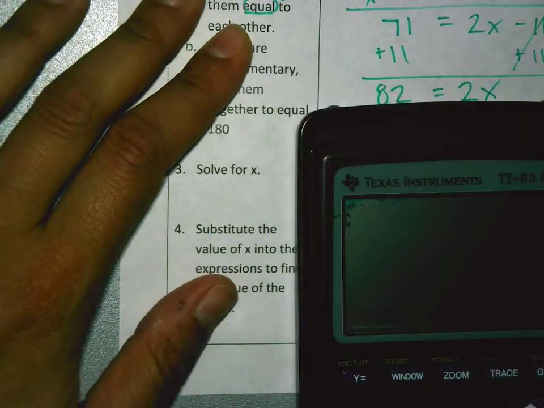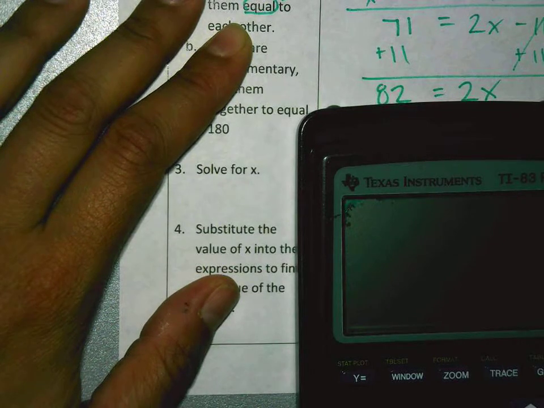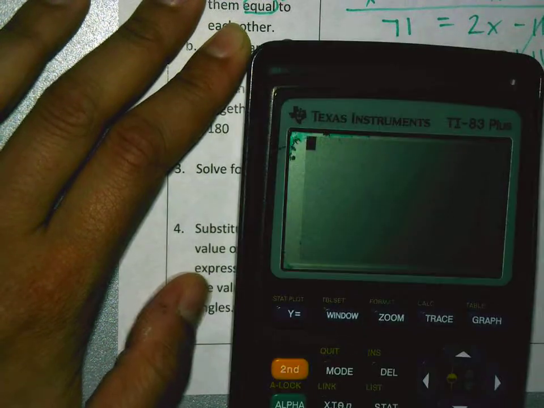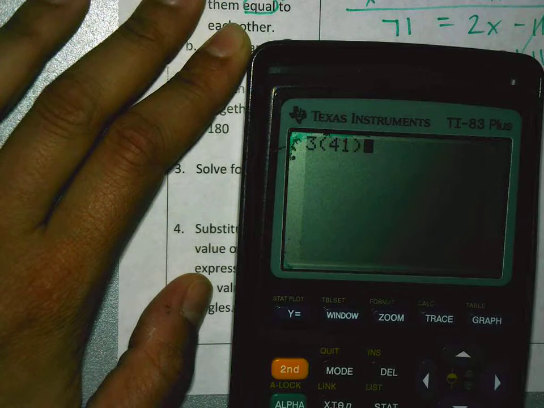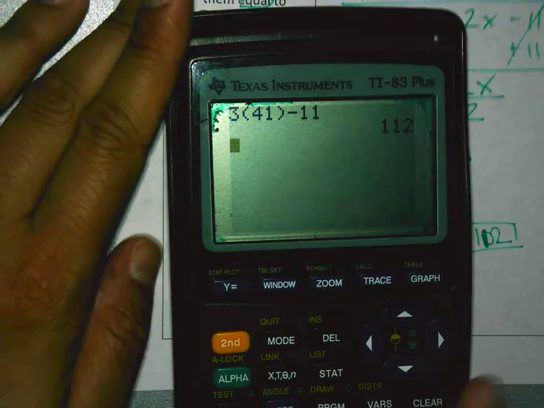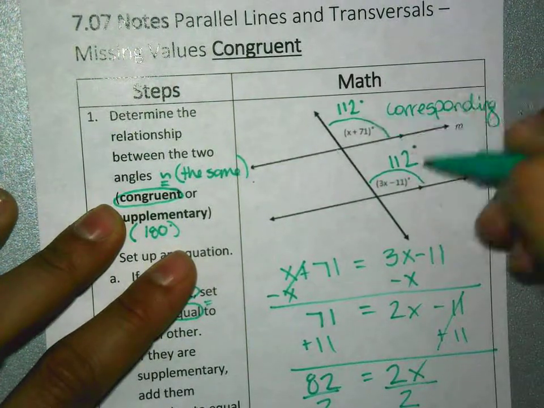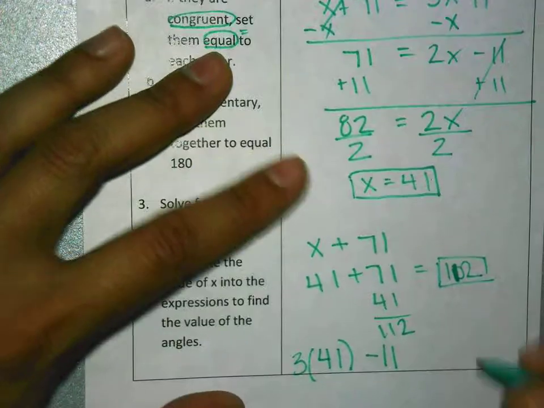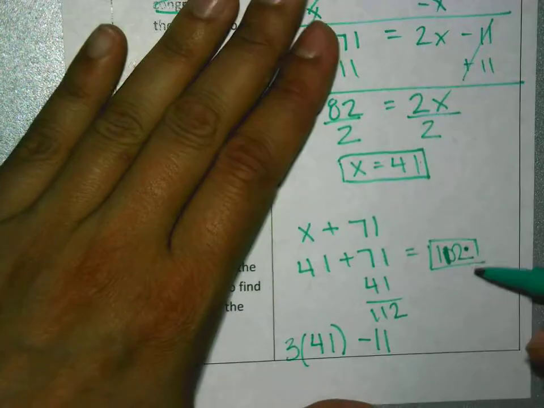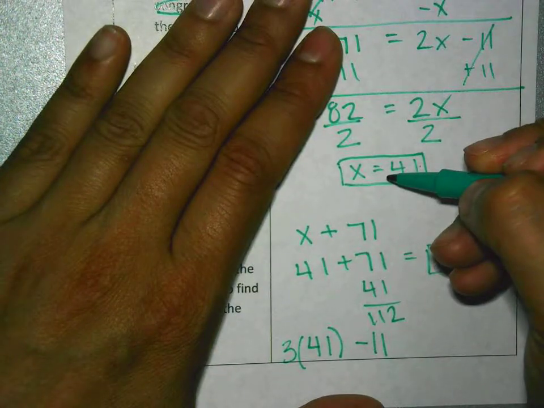In my calculator, 3 times 41 gives me 112. So we solved for x correctly, and we know that because we got the same number when we plugged it back in. So the measure of both of those angles is 112, and the value of x is 41.